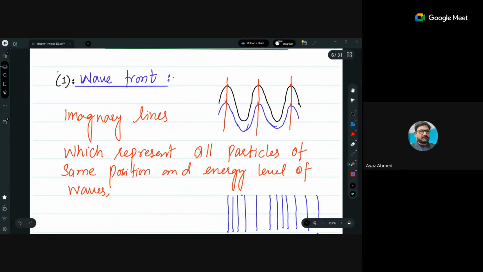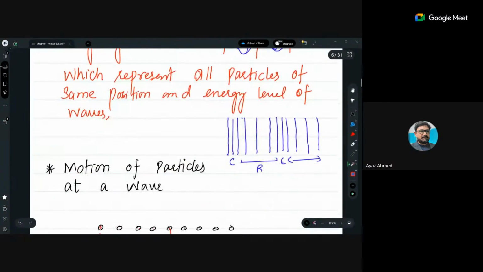For example, when we join all the peaks, we get a wavefront. So a wavefront is basically that line which joins all the particles of the same position and same energy level of any wave. They are usually represented by either straight lines or curves, right?